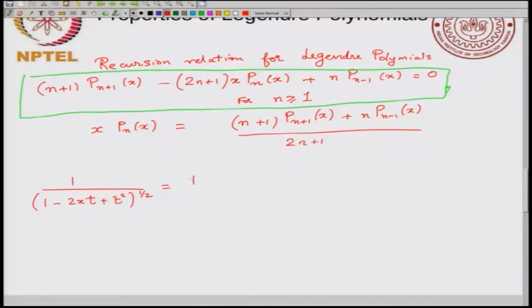The first term will turn out to be p_0(x), the second term will be t times p_1(x), the third term will be t² times p_2(x), okay. You can show that whatever you get will exactly be equal to the Legendre polynomial of degree n. So the nth term will be related to p_n(x). Okay. So this is called a generating function.